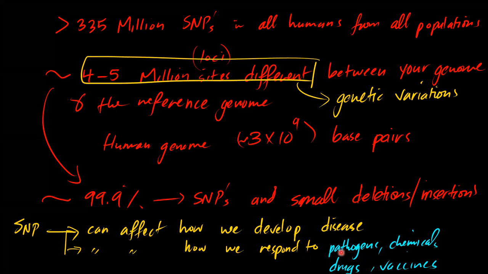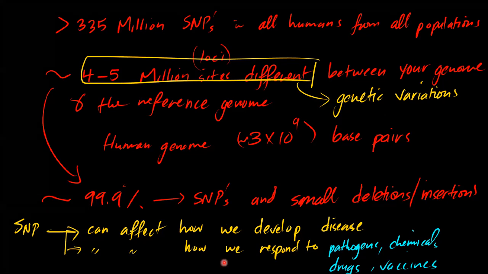We all know that some people, when they take a certain drug, will benefit from that drug. But some other people might take the same drug and not get any benefit, or will not respond, simply because they have certain types of SNPs.